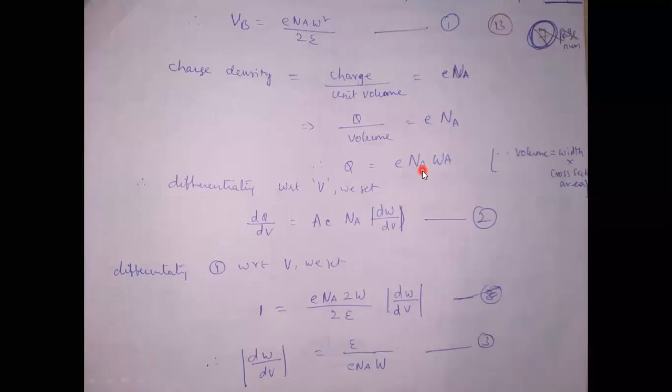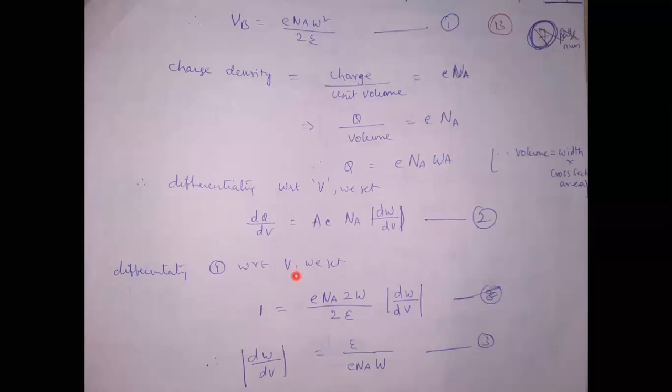NA is constant, E is constant, the area of cross section is also constant, but the width of the depletion region is not constant; it depends on voltage. That's why I am taking out all the constants and differentiating with respect to voltage V.